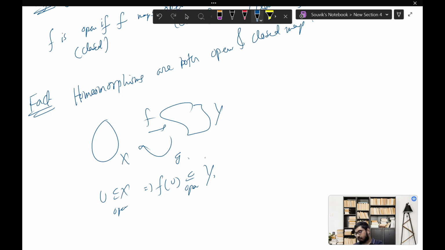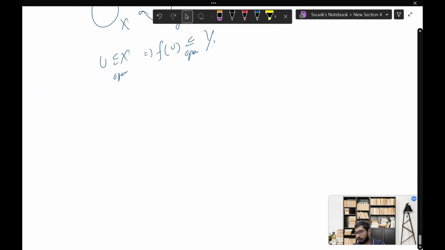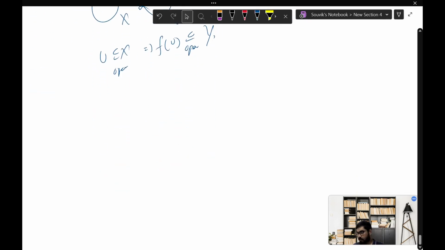Also consider the following problem. We have gone through the concept of boundary.